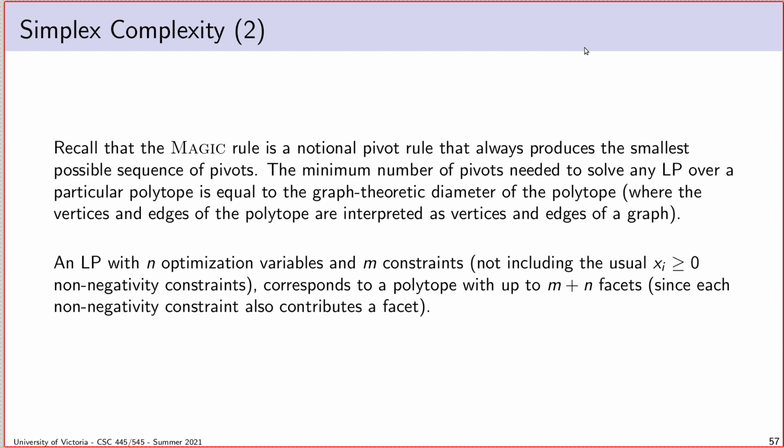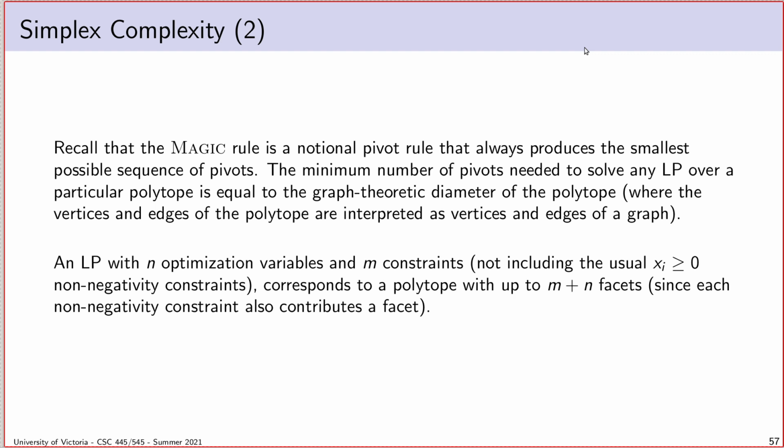So the minimum number of pivots to solve an LP over a particular polytope will be equal to the graph theoretic diameter of that polytope, which is the longest length of a shortest path between two vertices. And so people have done research about diameter of graphs, certainly, but also the graph theoretic diameter of polytopes.